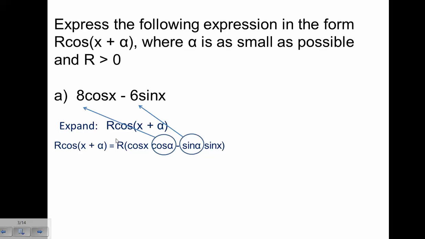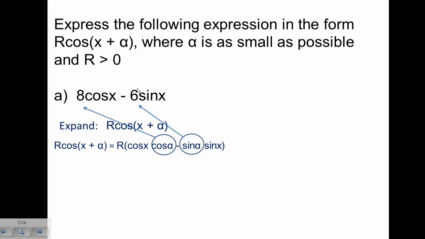Now we can see here that we've got a cos x down here and something next to it, which is cos of a fixed angle alpha. So it's just a constant, and that must be the same as the 8. And then over here, we've got a sin x, like the sin x here, and in front of it, another constant, which this time is sin alpha.